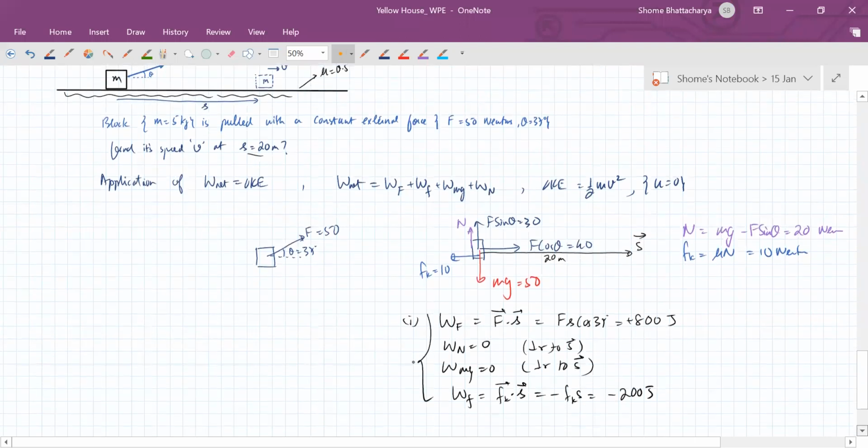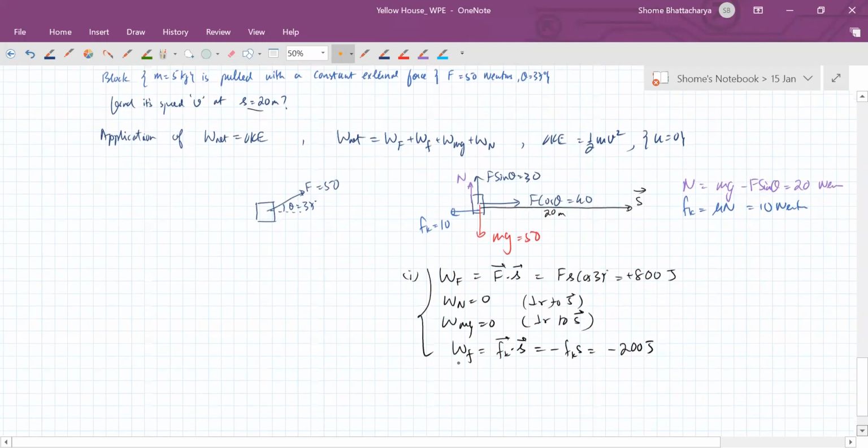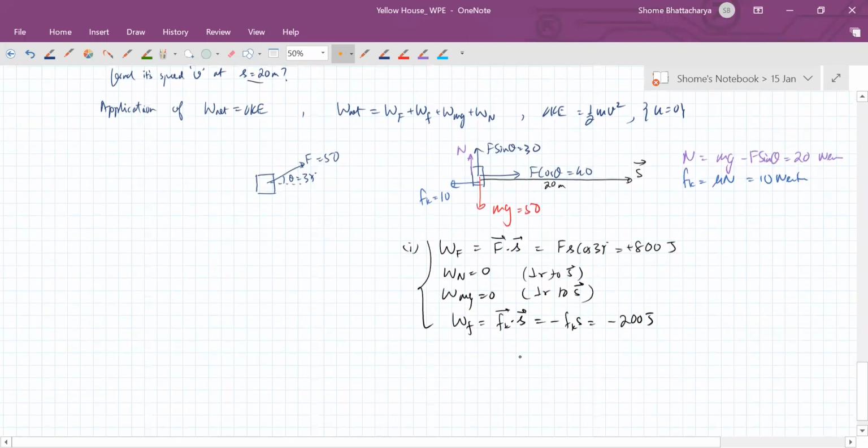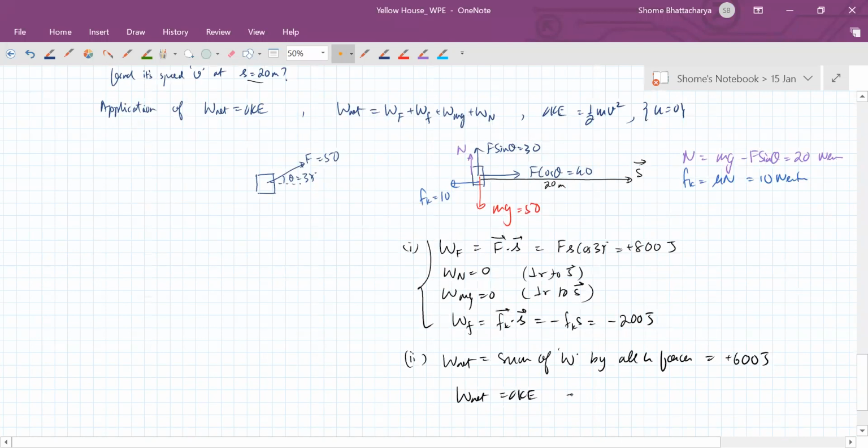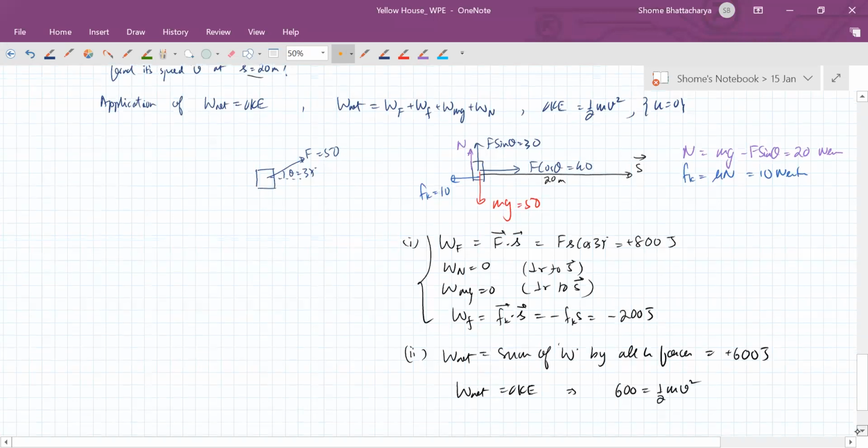Next we'll calculate the net work done as the sum of work done by all four forces. That will come out to be plus 600 joules. So net work done is equal to the change in kinetic energy. So 600 joules is equal to half mv square.